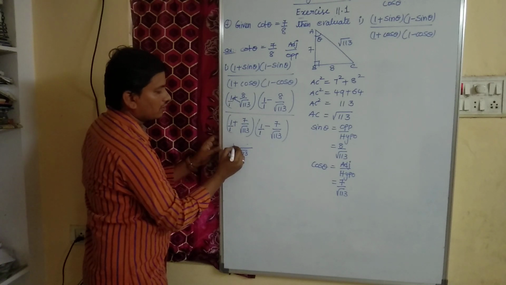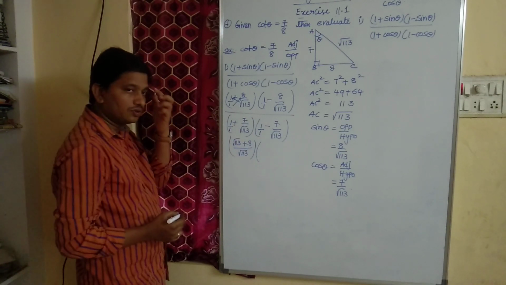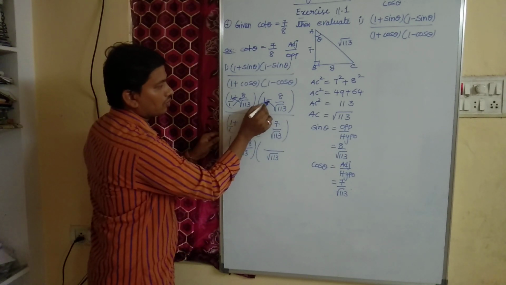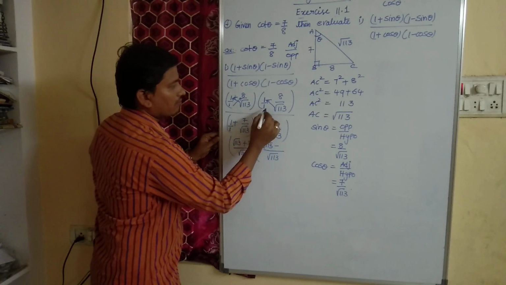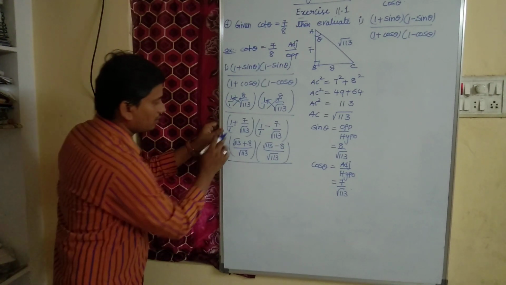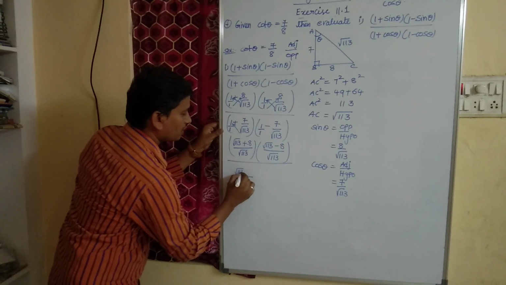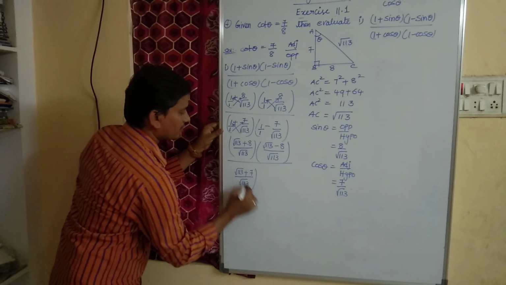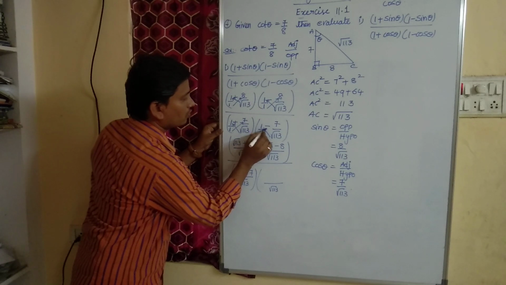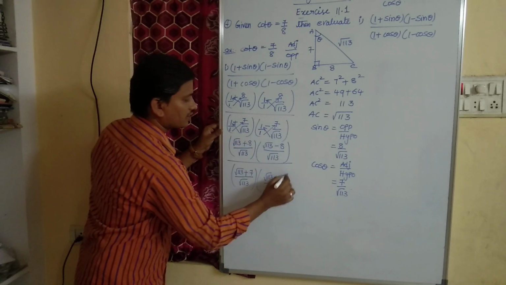So (root 113 into 1, root 113 plus 1 into 8, 8) into (the LCM of 1 and root 113 is root 113, root 113 into 1, root 113 minus 1 into 8, 8) divided by, similarly denominator children, LCM root 113, (root 113 plus 1 into 7, 7) into (again the LCM of 1 and root 113 is root 113, root 113 into 1, root 113 minus 1 into 7, 7).